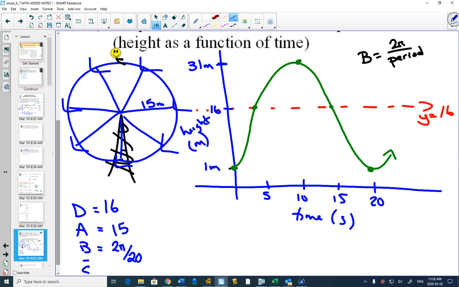Can you imagine that Ferris wheel with you up 31 kilometers, and if it only takes 20 seconds to go around, I'm pretty sure you would die, because you could calculate your circumference, 2 pi r, and the radius is 15, so 30 times 3, about 93 kilometers is your circumference in about 20 seconds.